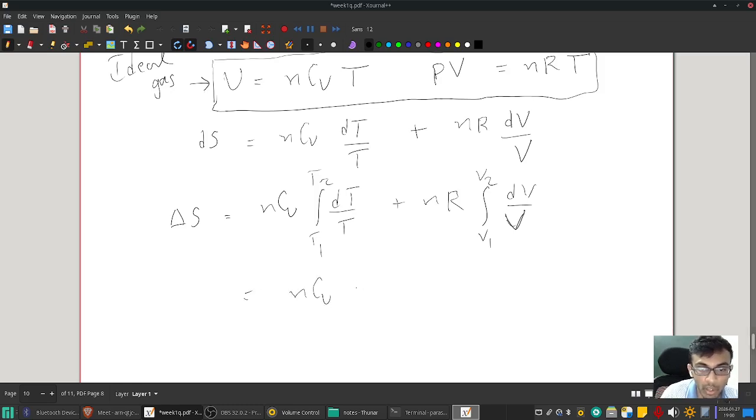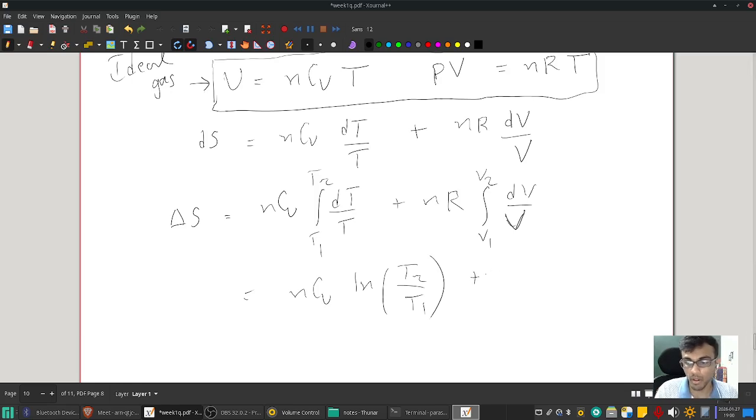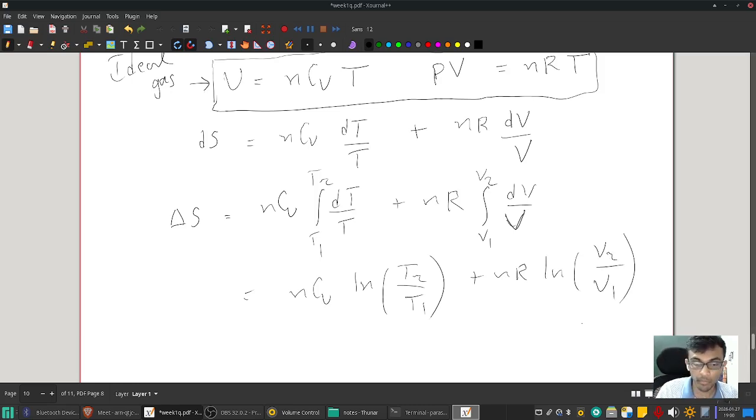It's nCv ln T2 by T1 plus nR ln V2 by V1. So this is true for any process.